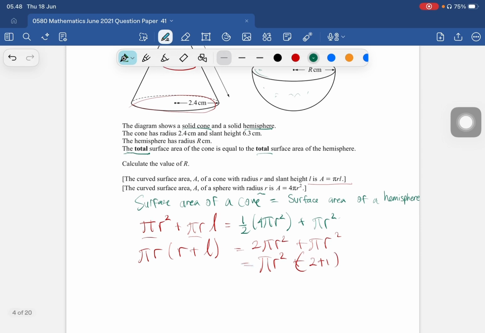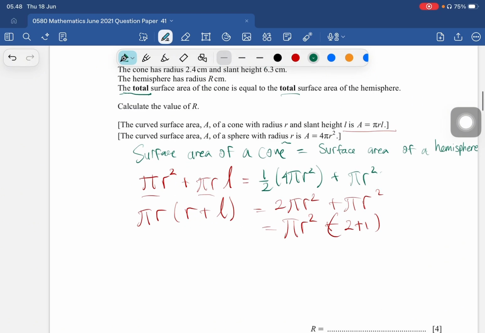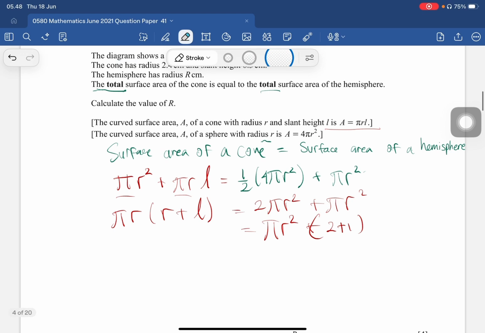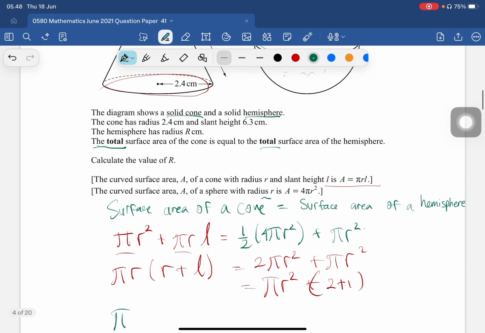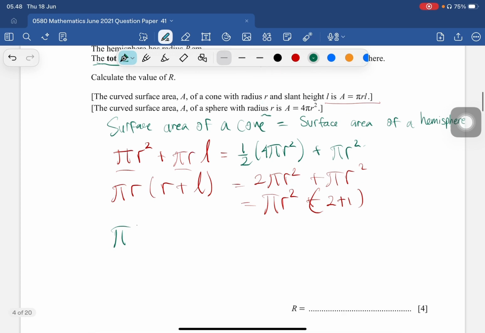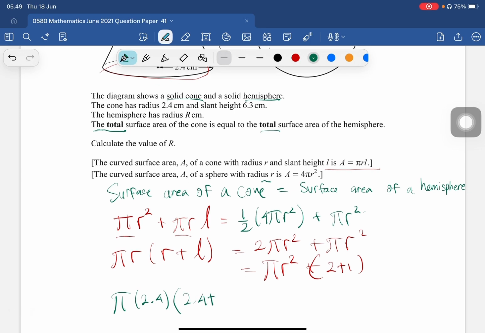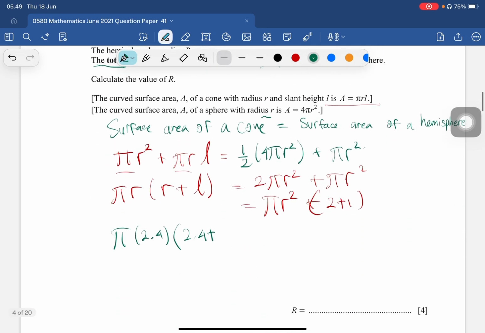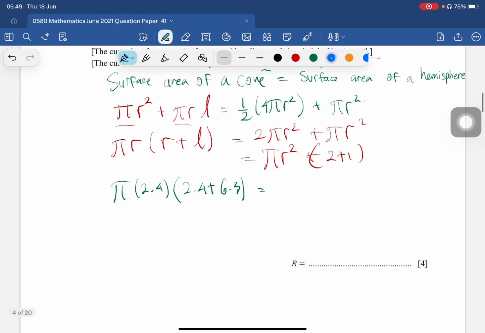Okay, we can substitute. Here is pi. The radius is 2.4. Here is 2.4, and r also 2.4, plus L is 6.3, equal to R, which we don't know yet. Here is the radius, so just keep it as pi.